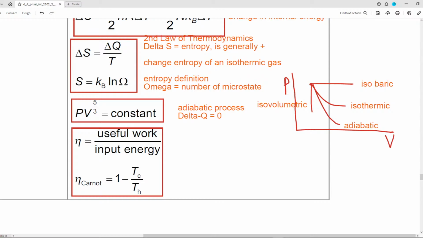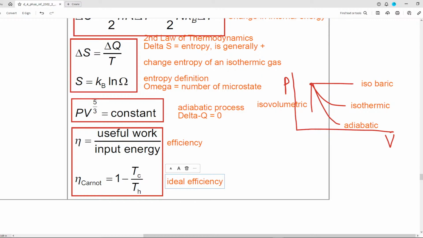So the Carnot efficiency is equal to 1 minus Tc over Th. I'll write down a definition here. This one is just efficiency. We've seen this already, but this one is specifically the ideal efficiency.